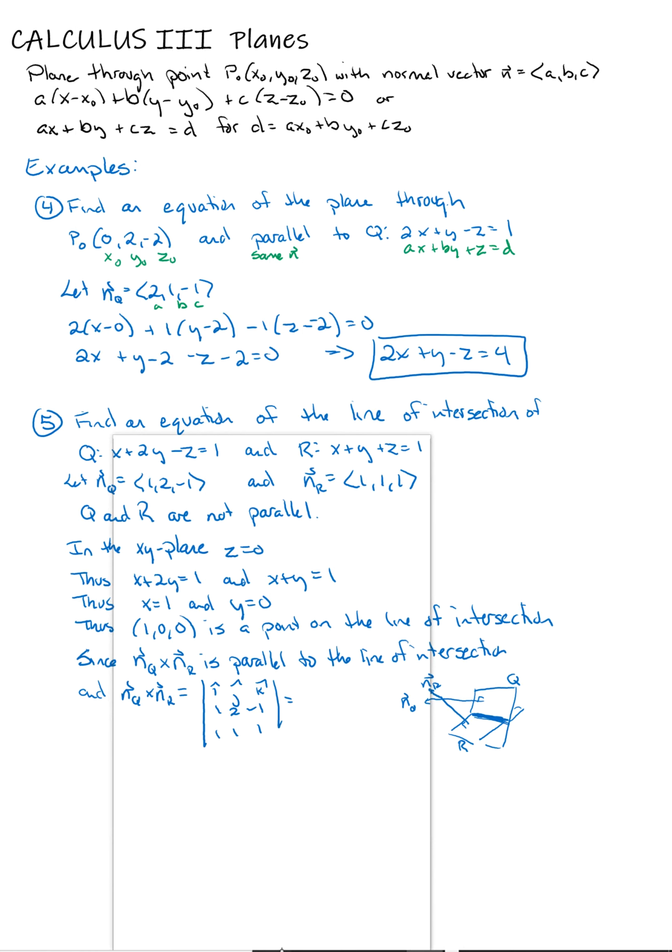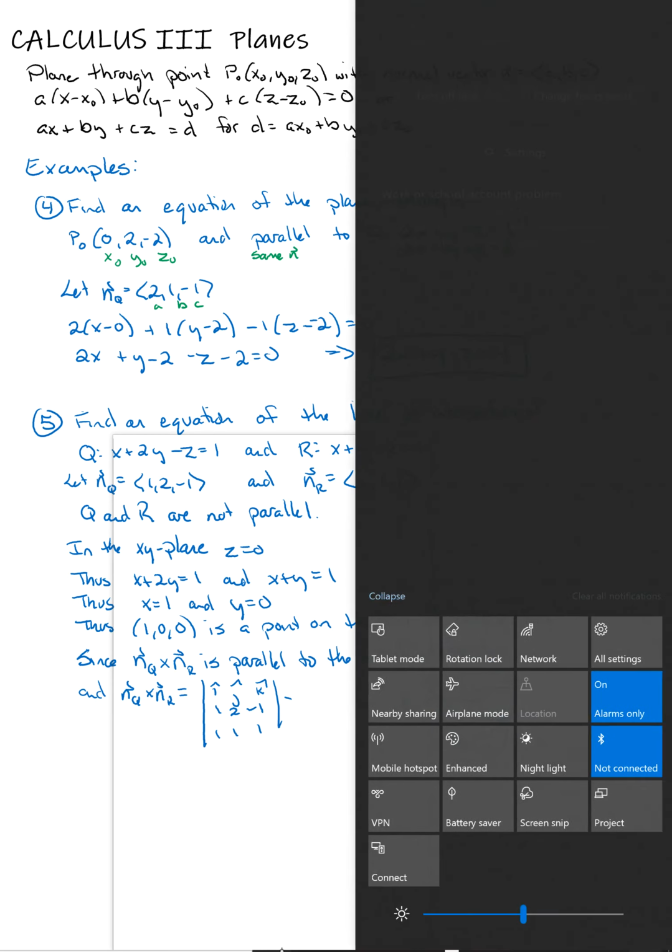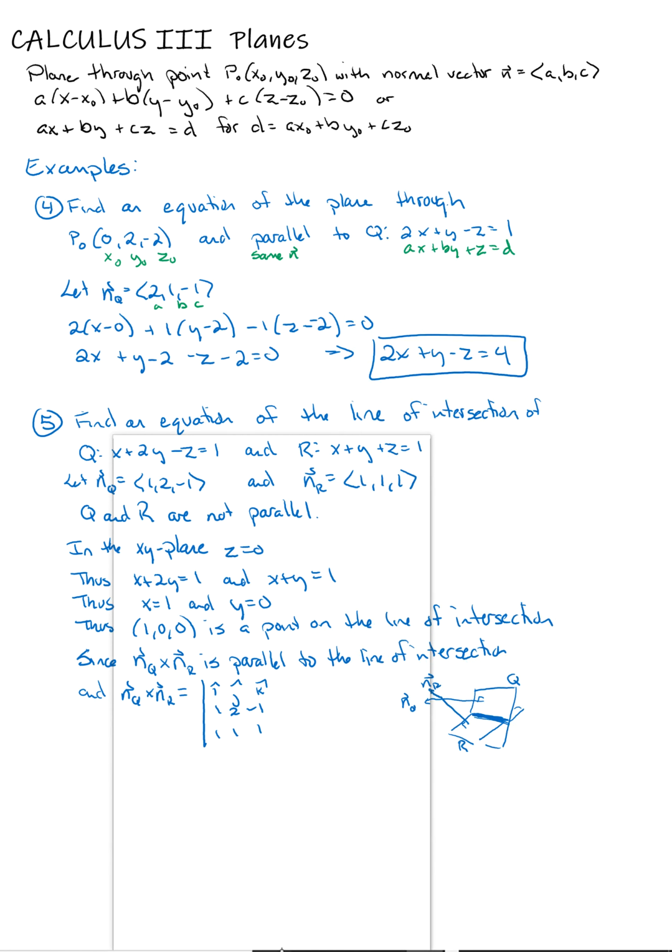Let's see, we end up with, again, take your time with this. I think our first component is 3. And then a -2. And then a -1. Yeah, that works. Okay, again, make sure you understand how to do that.